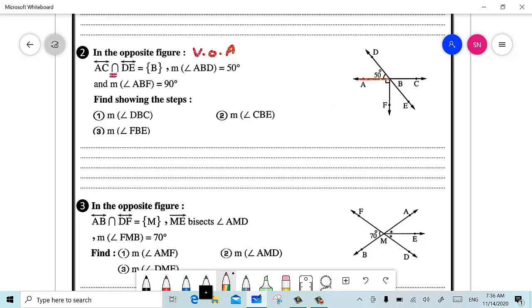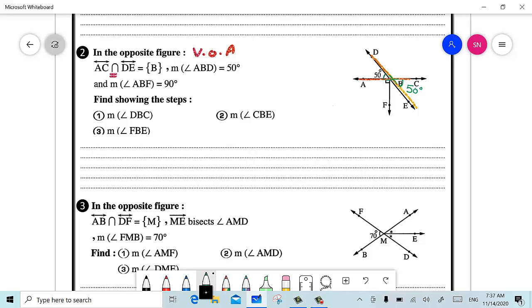So I know that AC is intersecting with DE. Here are the two lines which are intersecting. As you can see, it's so obvious that angle DBA, which is 50 degrees, is equal to angle CBE, which is also going to be equal to 50 degrees, since both of them are vertically opposite angles.